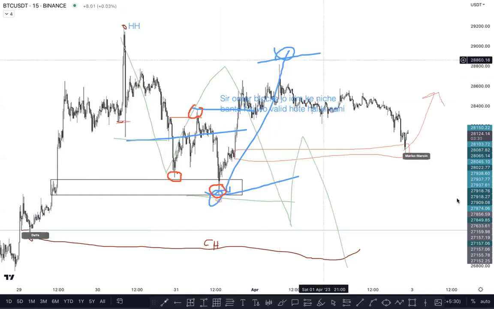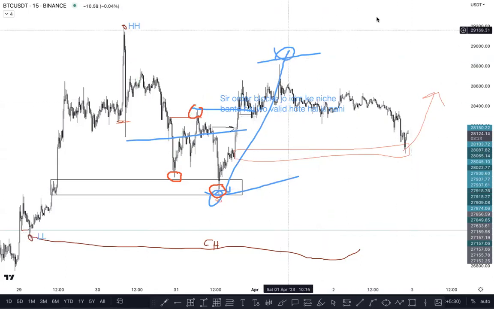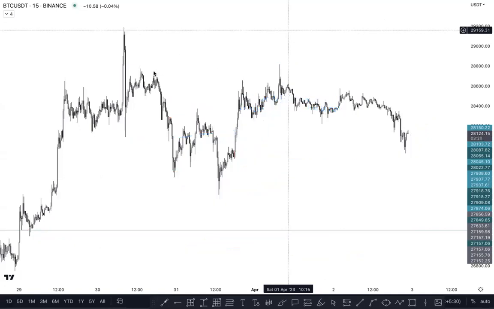Okay. This is our higher high pushing downside, right? And after taking out the inducement, mitigate this shadow, going higher, failed.